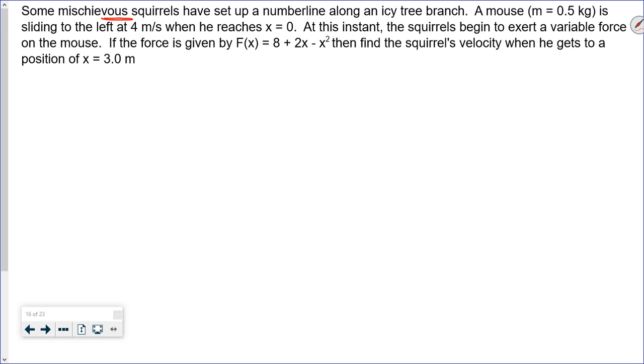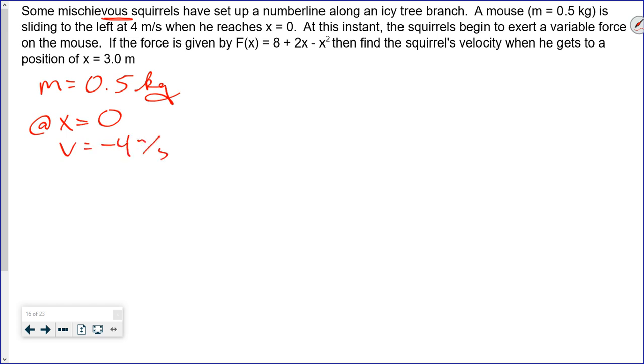All right. So anyway, some mischievous squirrels have set up a number line along an icy tree branch. A mouse who has a mass of 0.5 kilograms is sliding to the left at 4 meters a second when he reaches a position of 0. So at x equals 0, our velocity is -4 meters a second.